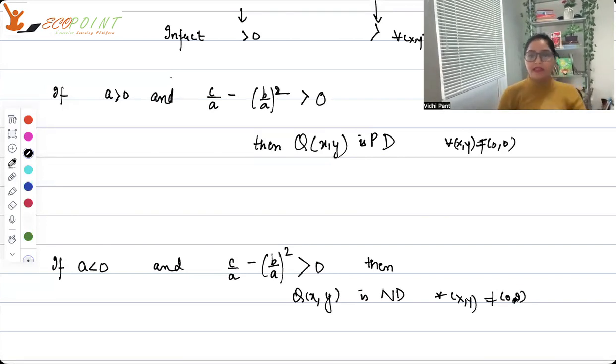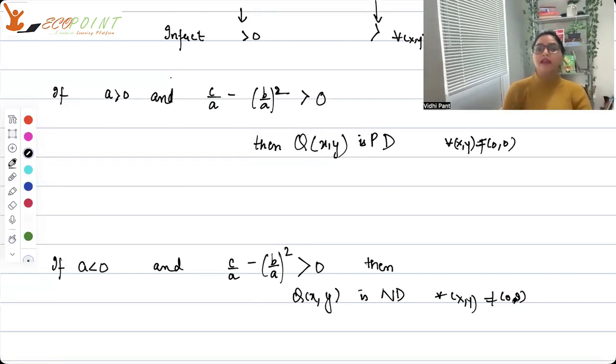But in case this expression is negative, then there wouldn't be any conclusion. That is why you require it to be positive.